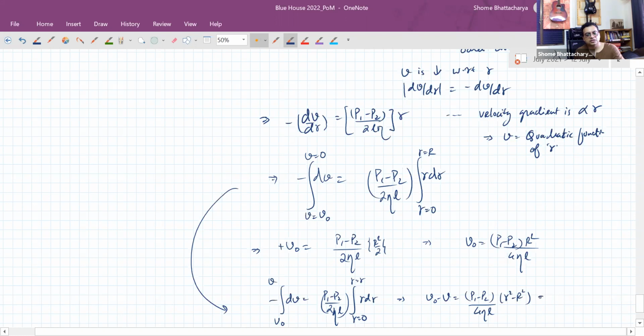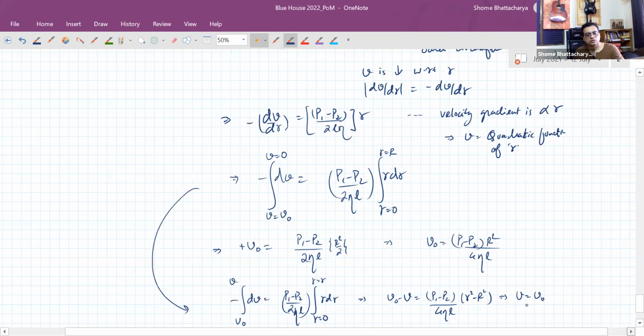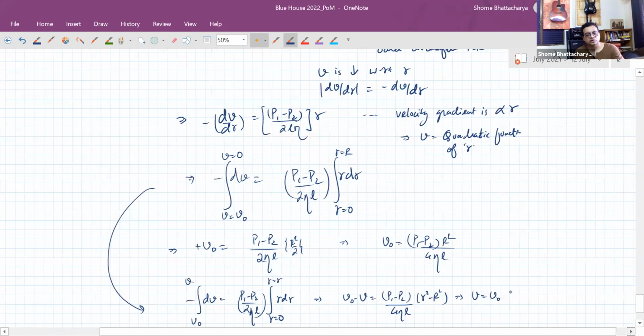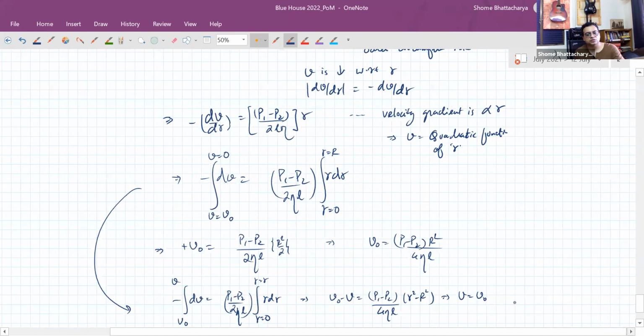So invert this and we'll get this relation that v is equal to v0 into 1 minus r square by capital R square. So this is our v as a function of r, and this is v0 in terms of this. So we have already used this over here.